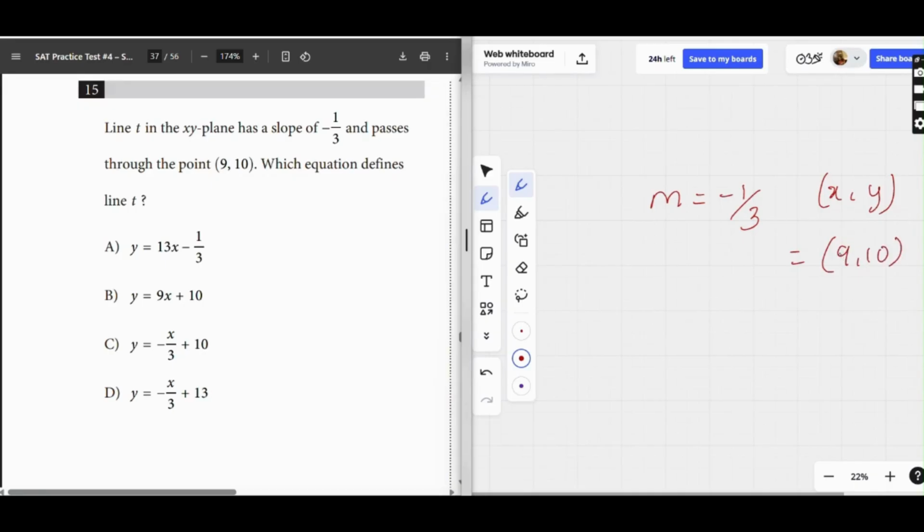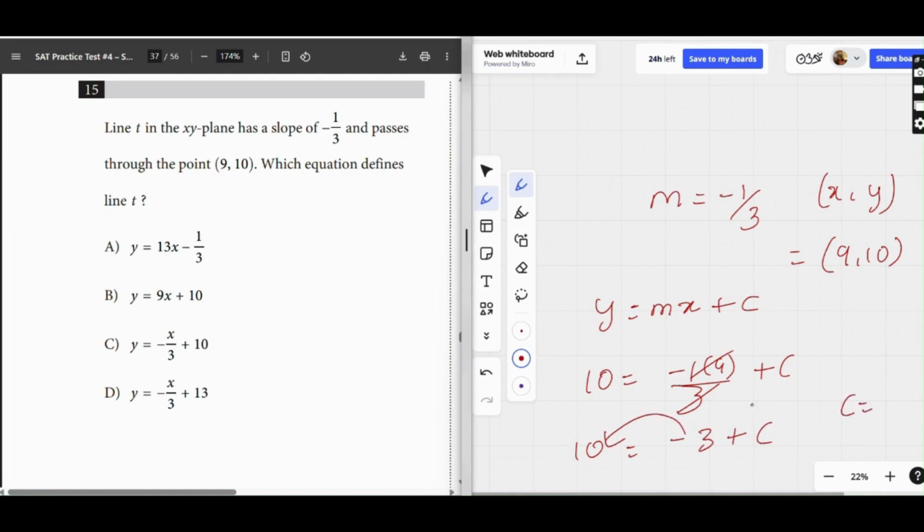Okay, y equals mx plus c is the line, and we have x and y, so 10 equals negative 1 by 3 times 9 plus c. Therefore 10 equals negative 3 plus c, and so c is going to be 13.